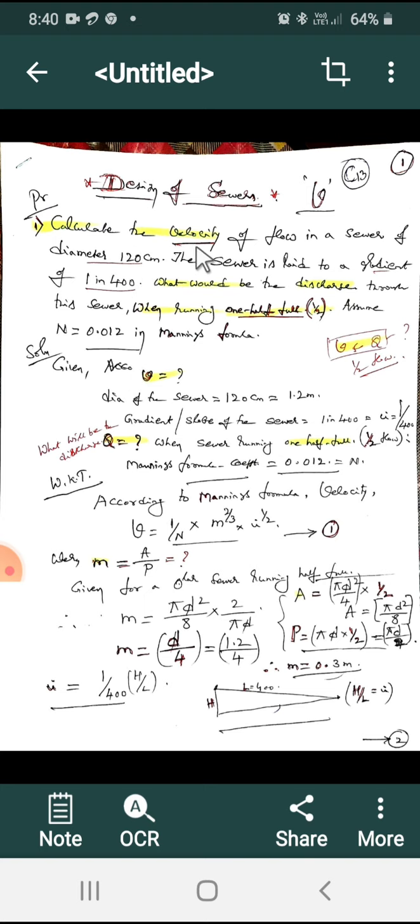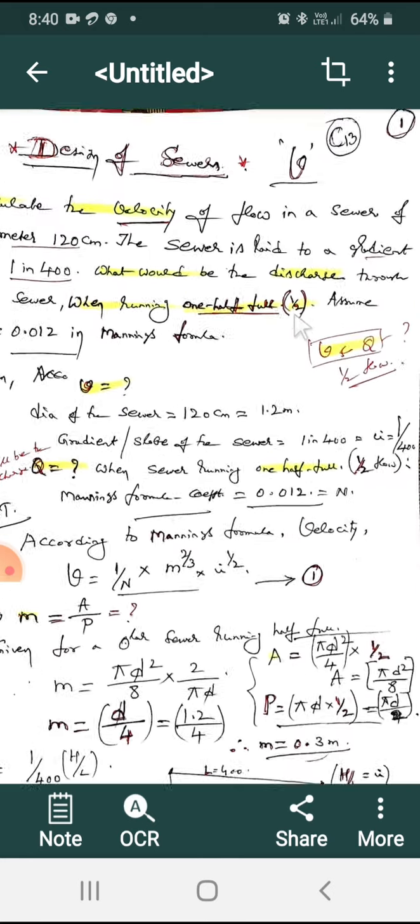Here, calculate the velocity of flow means you have to find out velocity. Next, they have given some data. Afterwards, what would be the discharge? Then Q also you have to determine. So velocity and Q you have to determine when the pipeline is running half full.